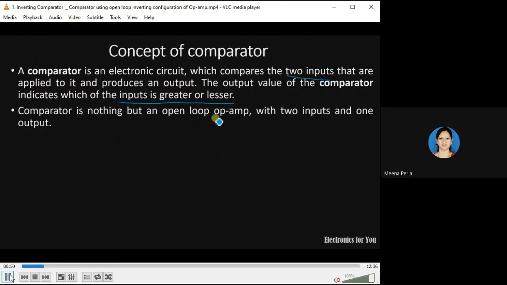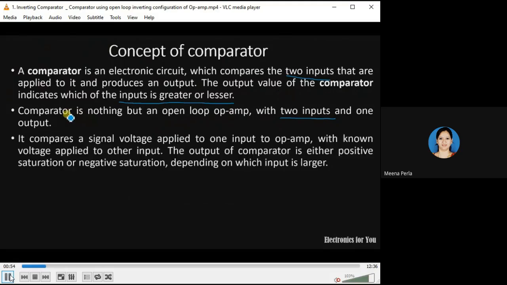So a comparator is nothing but an open loop op-amp with two inputs and one output. It compares the signal voltage applied to one input of the op-amp with a known voltage applied to the other input. So we are going to give two input signals and we are going to see the output.